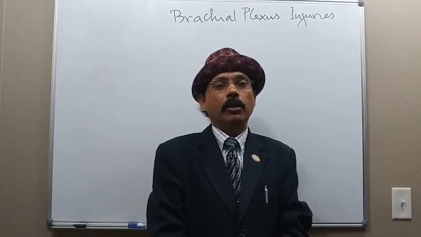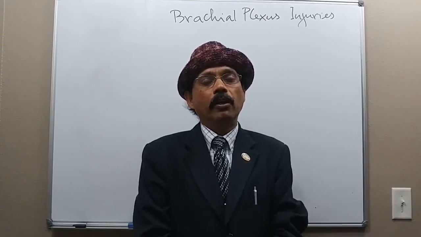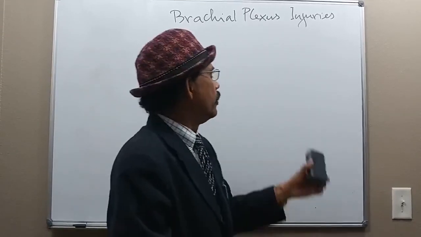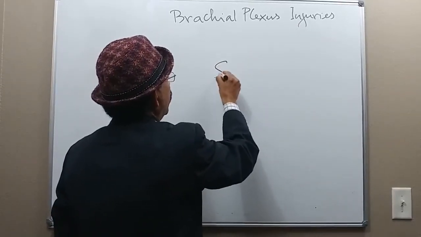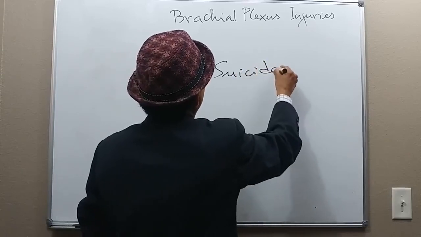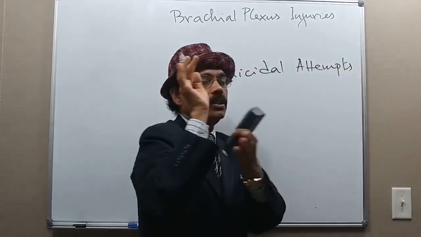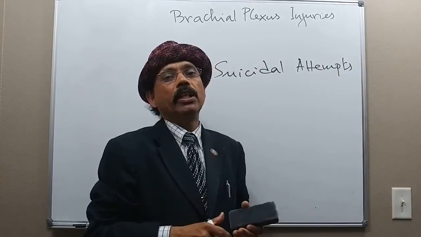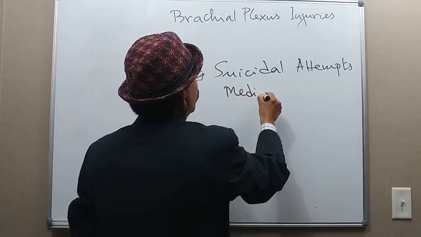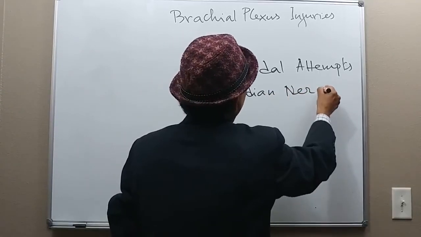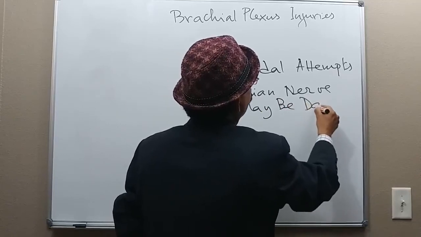Our brachial plexus, not only the upper trunk or lower trunk individually, may be damaged in case of gunshot injury. Multiple nerves may be involved together. So any nerve may be involved. Suppose in case of suicidal attempts by slashing the wrist, the median nerve may be involved and damaged.